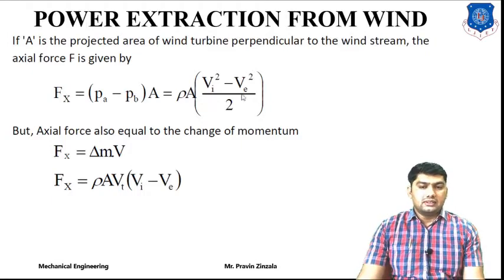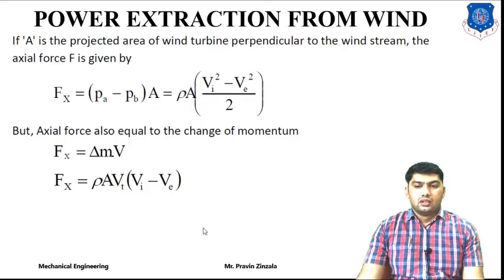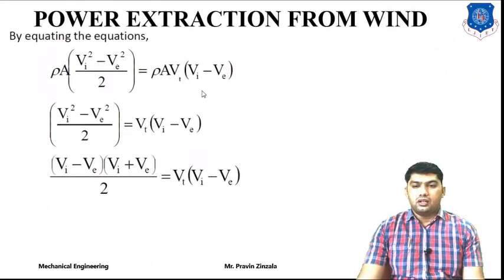So we can write that rho A (Vi square minus V square) by 2 is equal to rho A Vt (Vi minus Ve). By comparing both equations, we get the final equation of force: rho A (Vi square minus V square) by 2 is equal to the change of momentum, meaning rho A Vt (Vi minus Ve).